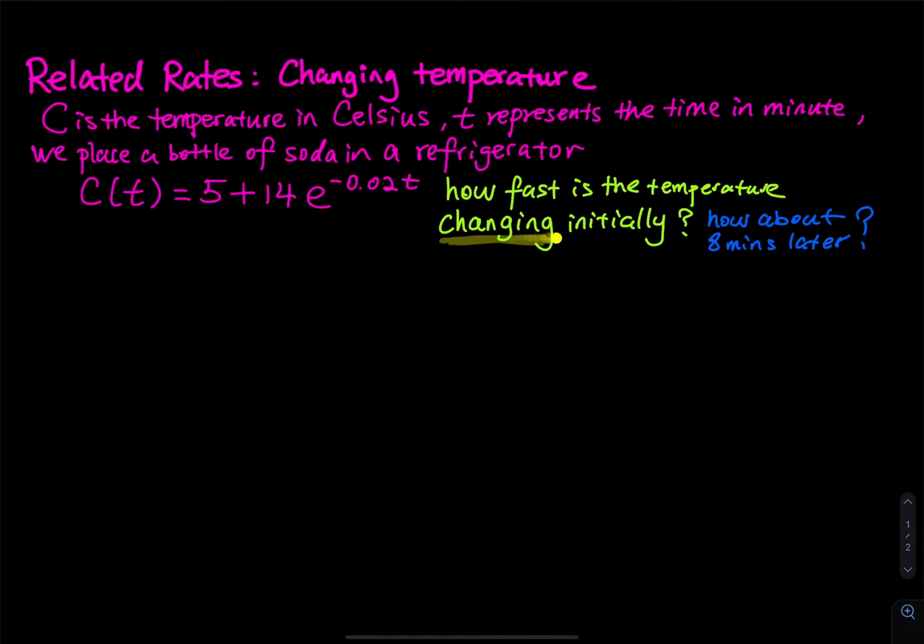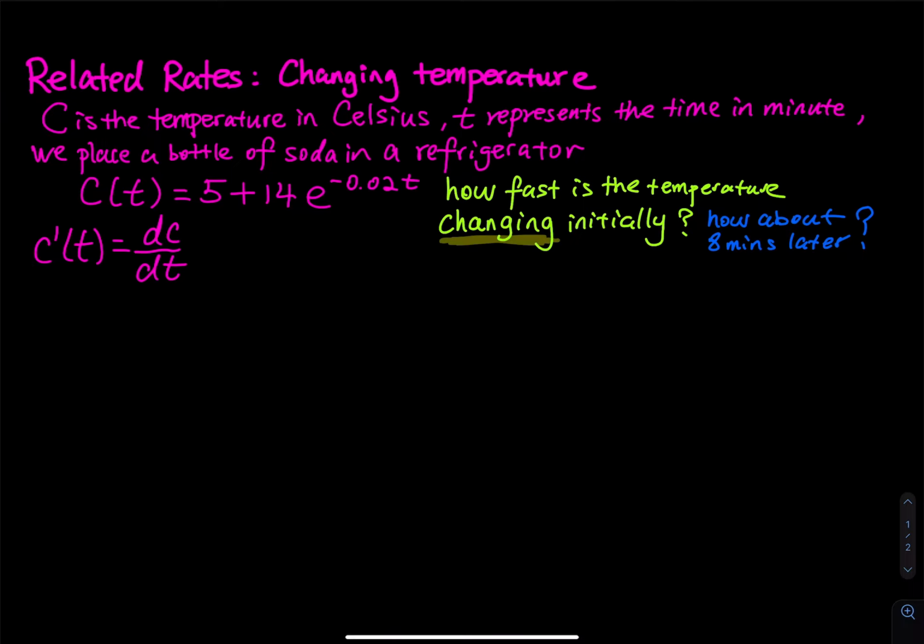So you see the word changing in calculus. Changing means rate of change. So when you hear the words rate of change, you will have to take the derivative. For the derivative, most people will just do C prime of t, right? But in a related rate problem, I highly recommend you just write dC/dt instead of C prime of t.